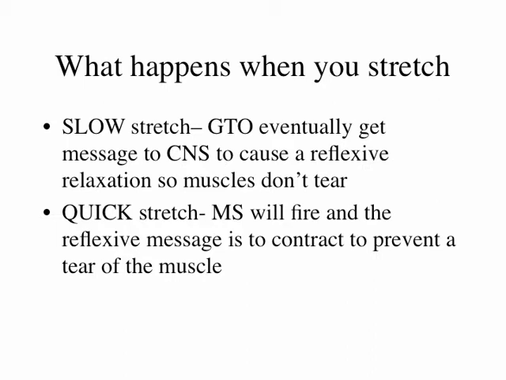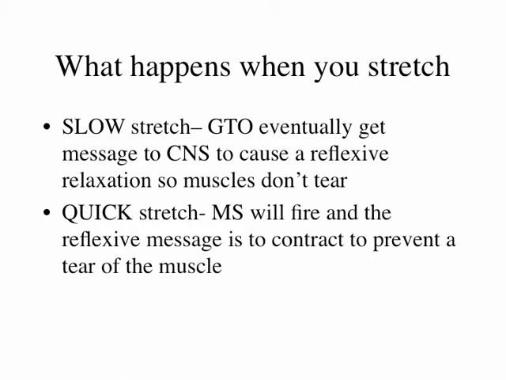It triggers a response, and we get this cascade of events or depolarization along this structure to eventually get a message sent to the central nervous system to cause a reflexive relaxation. That's the only message that the GTO will send, is that I need relaxation at this muscle so that it doesn't tear, and that's exactly what happens.